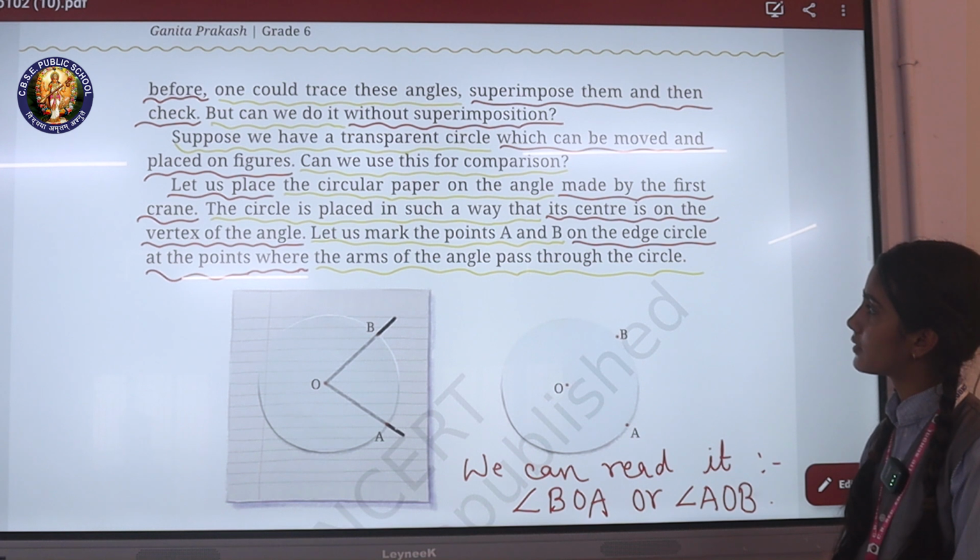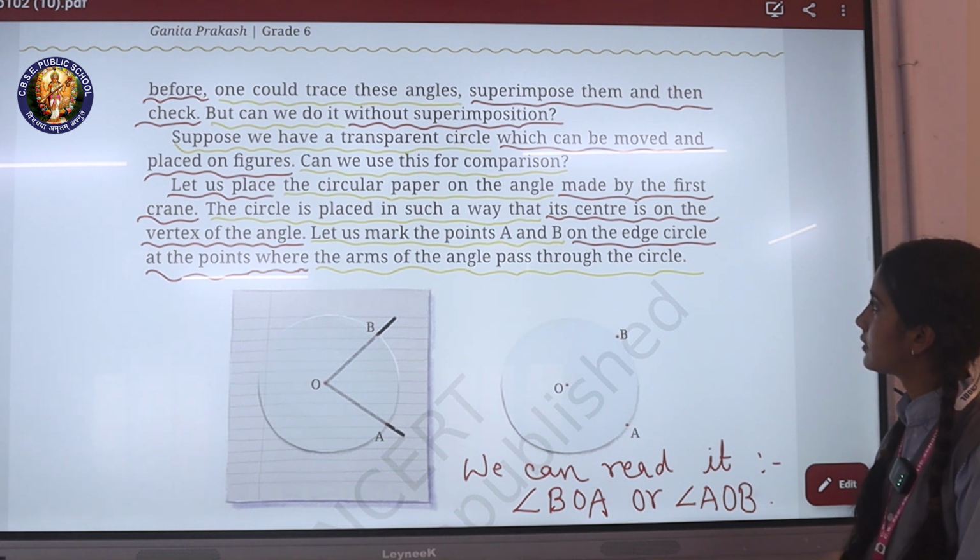Let us place the circular paper on the angle made by the first crane. The circle is placed in such a way that its center is on the vertex of the angle.